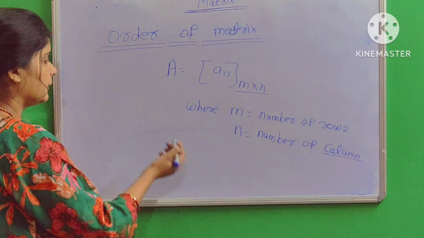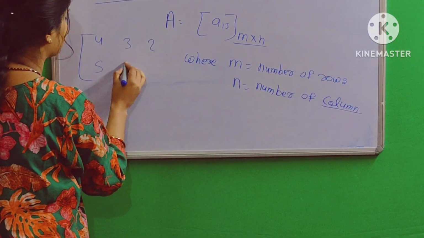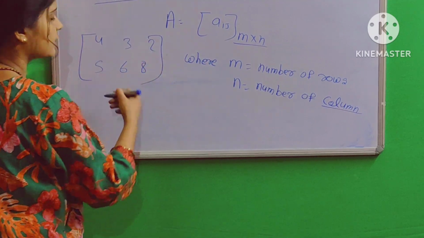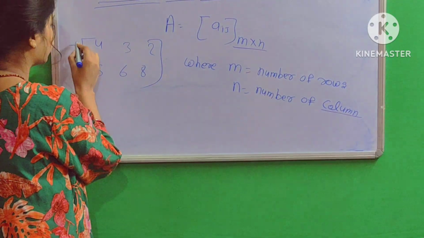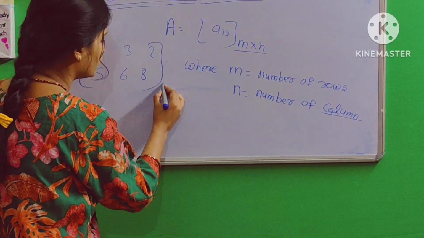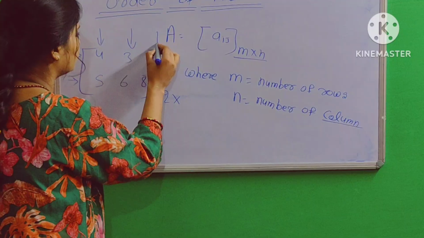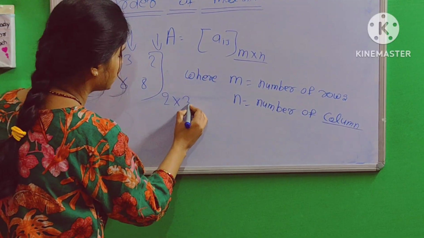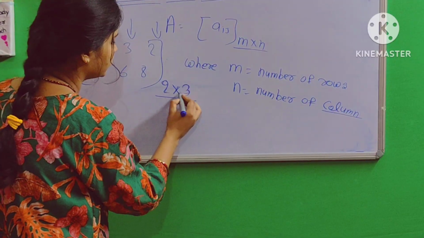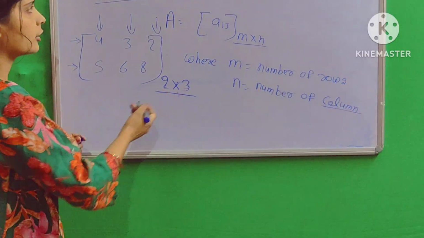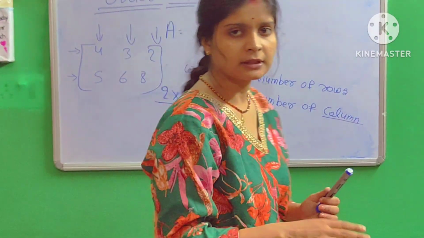Okay? If here is one matrix 4, 3, 2, 5, 6, 8, and I ask what is the order of this matrix? Here is one row and second row, so 2 cross, and here is C1, C2 and C3. Here are 3 columns, so we can write 2 cross 3. This is the order of our matrix. Next, I am giving you one question, then you will be clear.